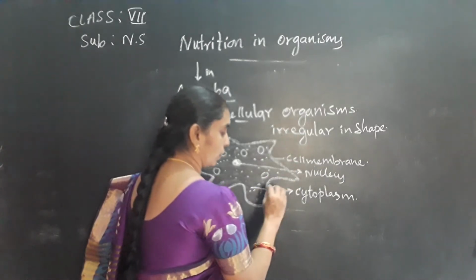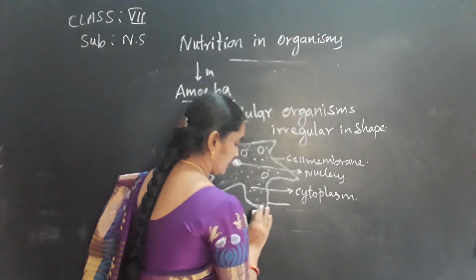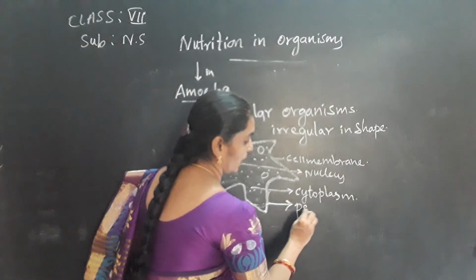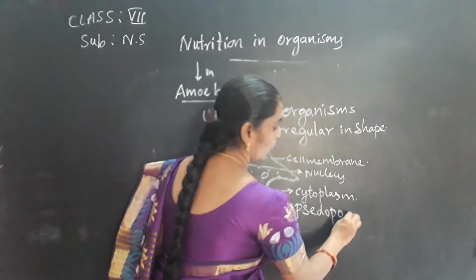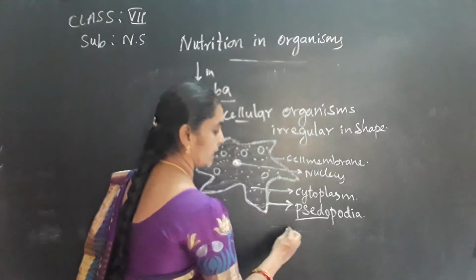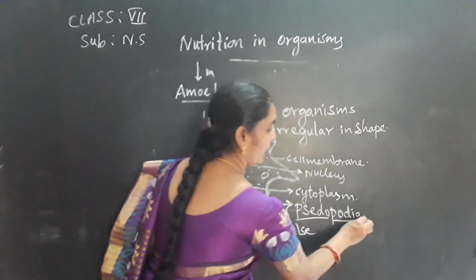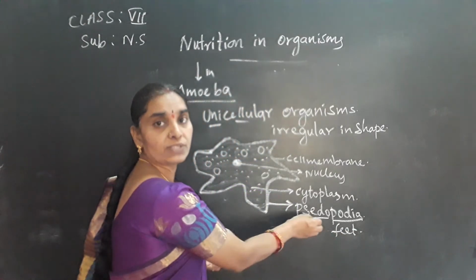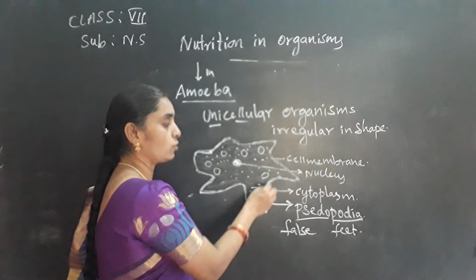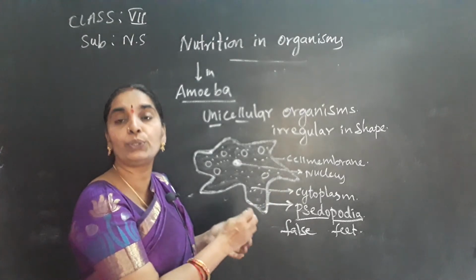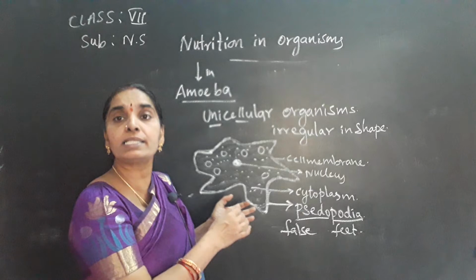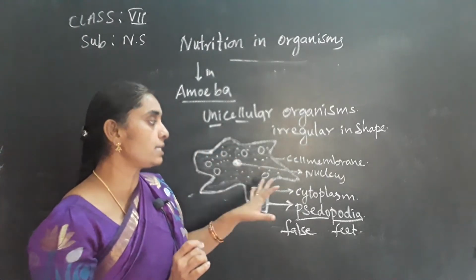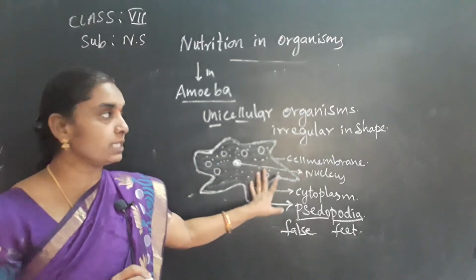This type of protrusion you have seen, isn't it? They are called pseudopodia. Pseudo means false. Podia means feet. They are false feet which help for locomotion, and they often change. Due to that, it often changes its shape. Its shape is not particular. So it is irregular in shape.